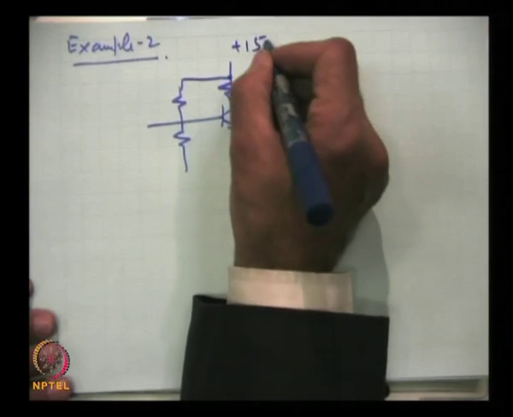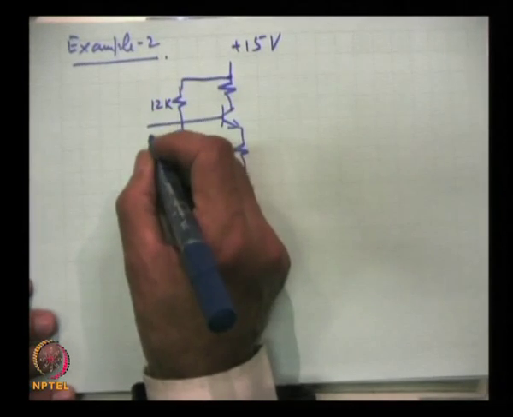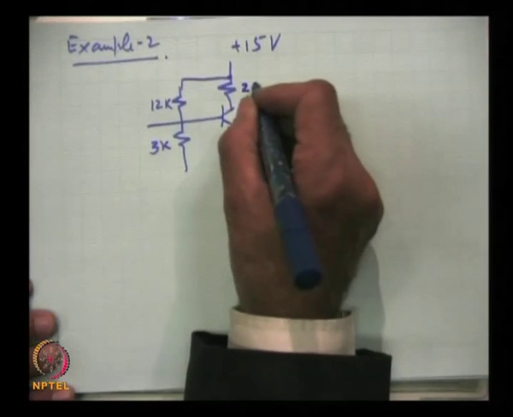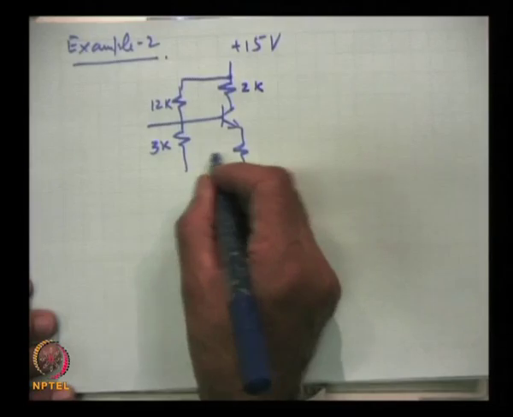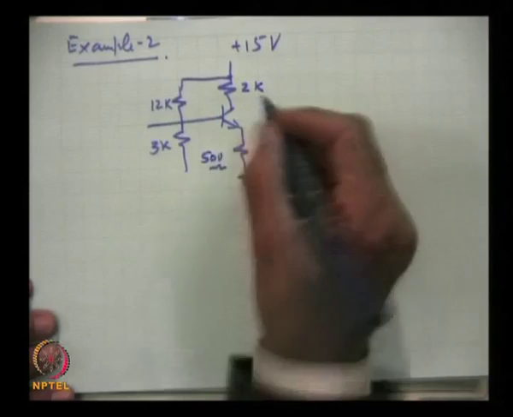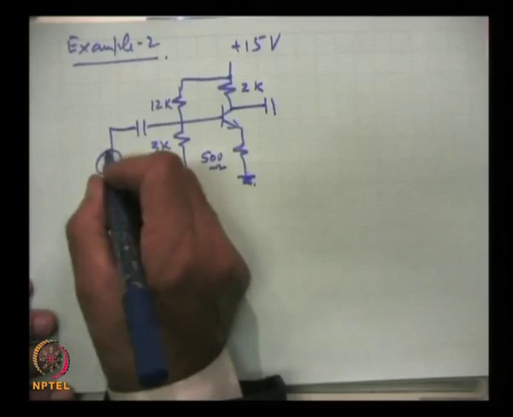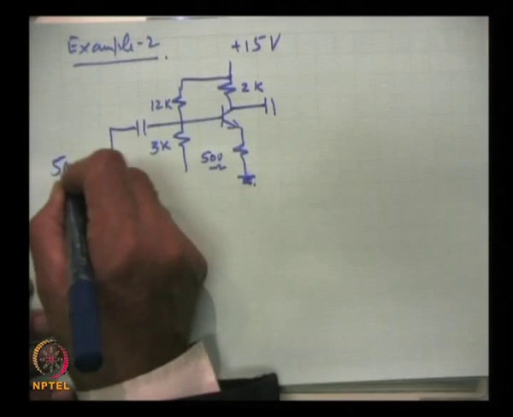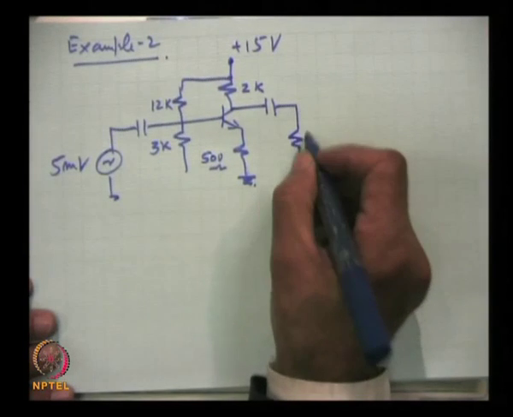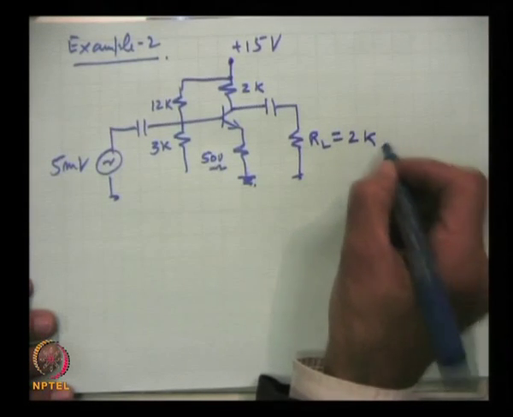This is 15 volts, this is 12 k, this is 3 k, again in kilo ohms, this is 2 k, and this resistance is half k, that is 500 ohms. This is our source, say 5 millivolts peak value, and here is the load resistance R L, which we take again as 2 k.